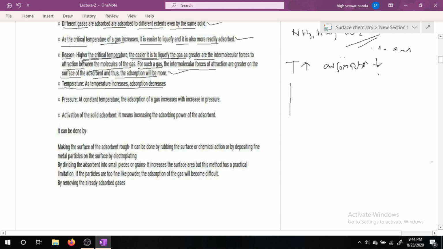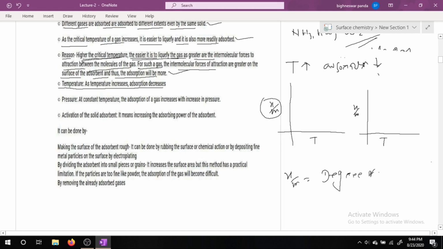If I consider the chemical process, then consider this graph. Two types of graphs are available here. X by m is degree of adsorption, which I will discuss later, but for this instant consider x by m as degree of adsorption.